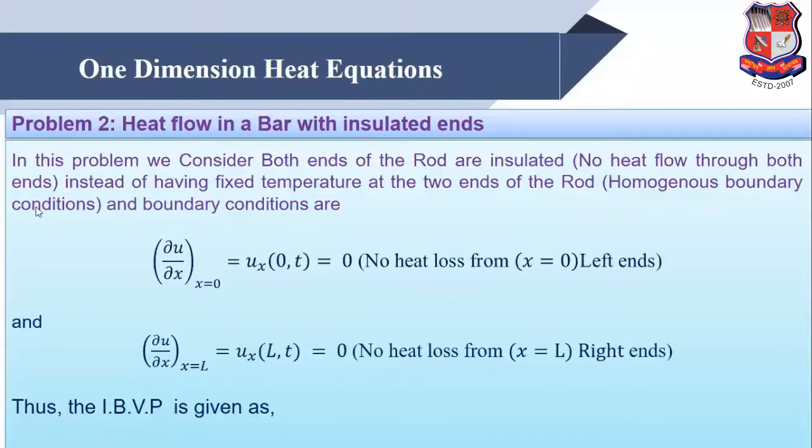Therefore, the boundary condition of problem 2 is the derivative of u with respect to x at x equal to 0 is equal to 0. That means no heat loss from x equal to 0, left end.